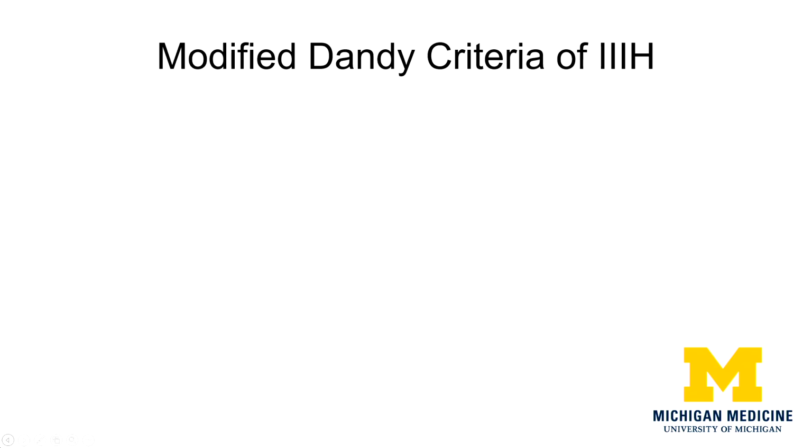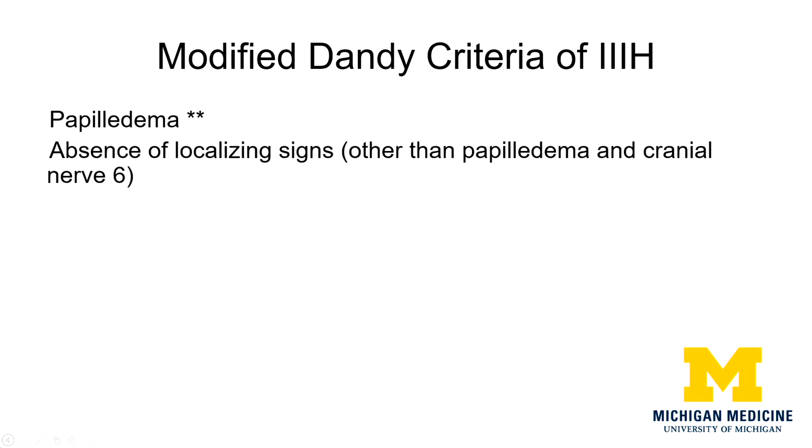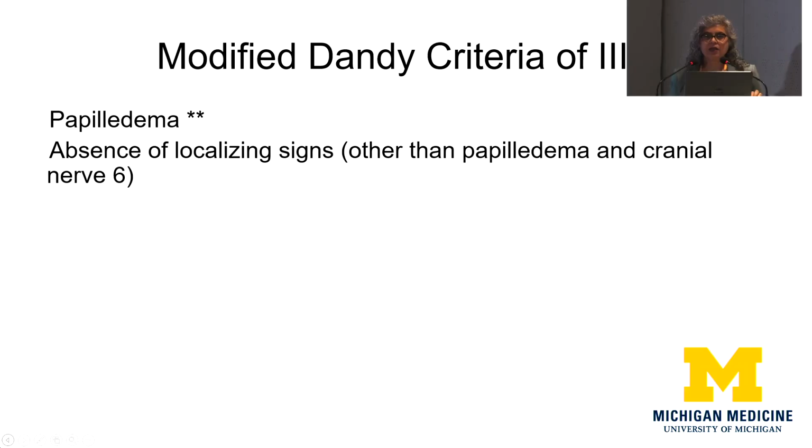Just reviewing IIH, how do we diagnose? Presence of papilledema is a requirement. And then there should be absence of other neurologic focal deficits, other than cranial nerve 6 is allowed. Should be an awake and alert patient with normal neuroimaging.